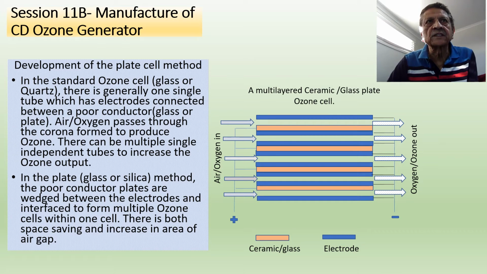There are two methods of producing the corona discharge cell. The first method, which was an older method, some 50 to 30 years ago, they used to have a glass tube or silica tube through which there are electrodes and through which the air or oxygen passes through and ozone is generated.